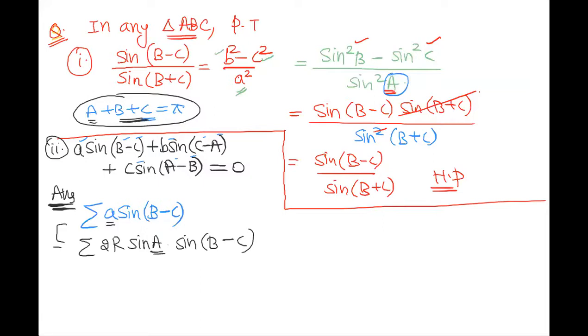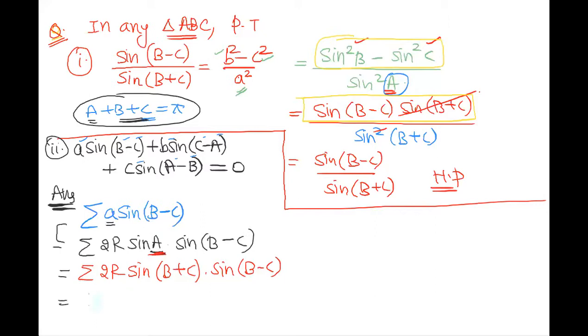So pi minus theta in the second quadrant, sine is positive only. So this further we can write as 2R sine of b plus c and sine b minus c as it is. Clear? And just now we have said this formula: sine b minus c into sine b plus c is equal to sine square b minus sine square c.